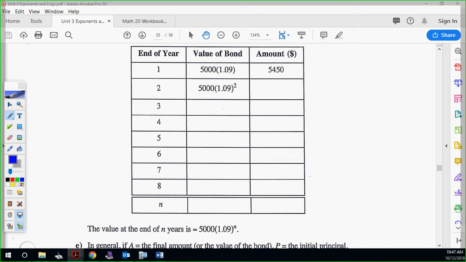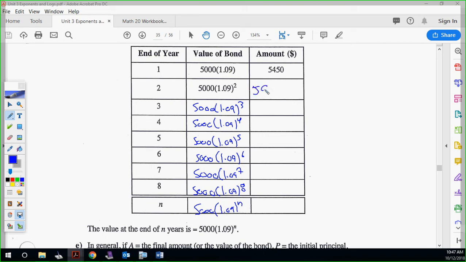Theirs goes 5,000 times 1.09 cubed, 5,000 times 1.09 to the 4th, 5,000 times 1.09 to the 5th, 5,000 times 1.09 to the 6th, 5,000 times 1.09 to the 7th, 5,000 times 1.09 to the 8th, and so in general it's 5,000 times 1.09 to the n. I'll pause after I write the values if you want to get these down.